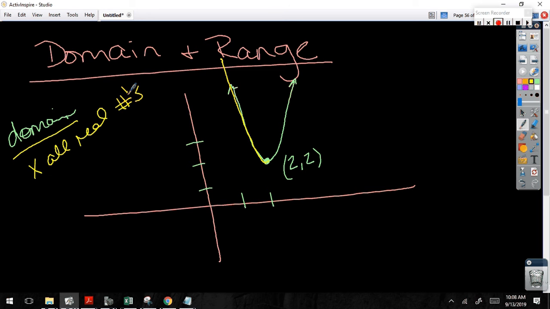How about the range? Greater than 2. Range is Y, right? Yes, ma'am. So if it ends with a point, then that's restricted? Correct.